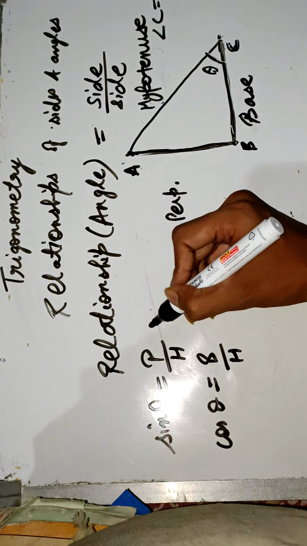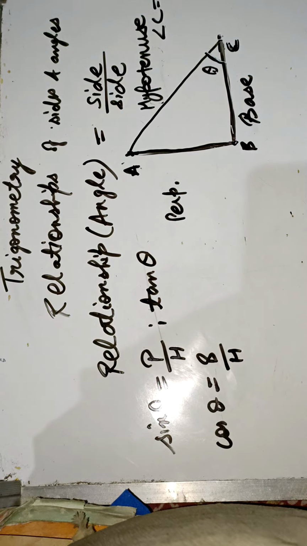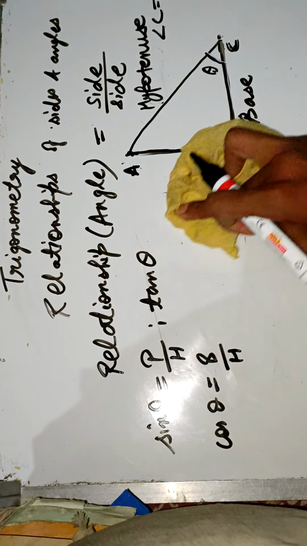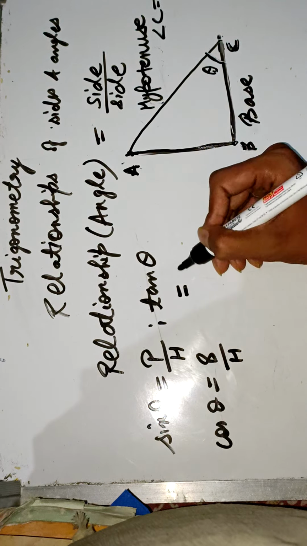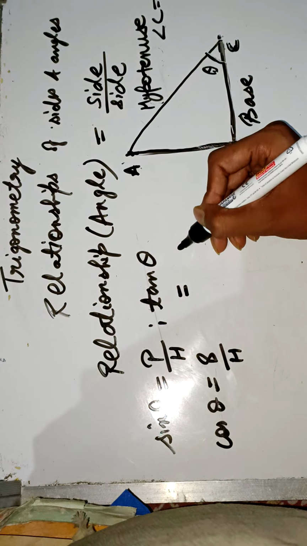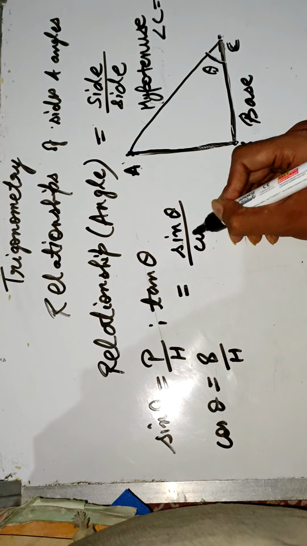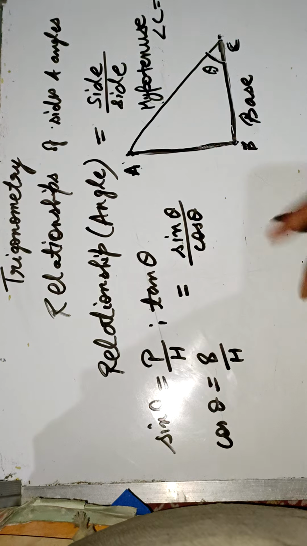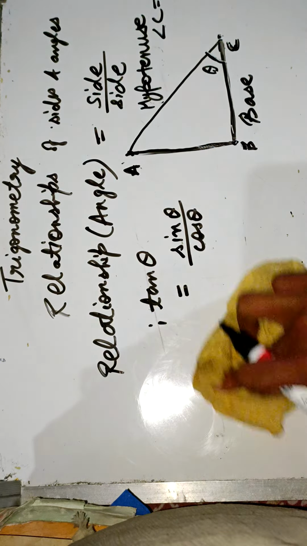We are talking about tan theta. Now what is tan theta? Whenever we talk about tan theta, we say that tan theta is the sine theta upon cos theta. When we are talking about tan, what do we mean by tan?